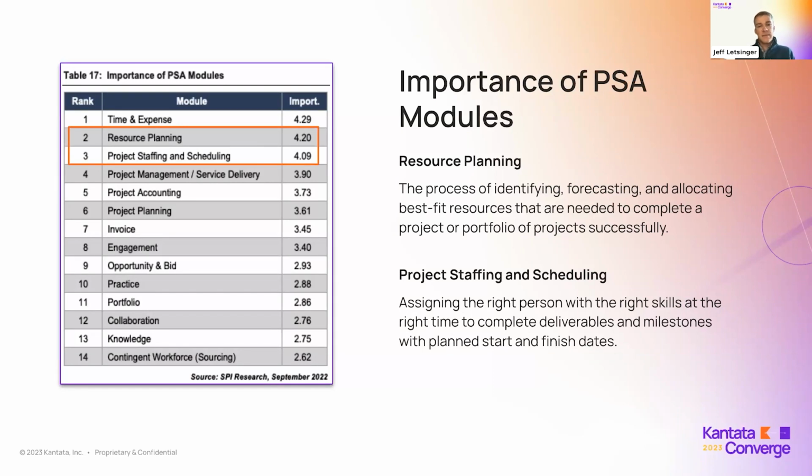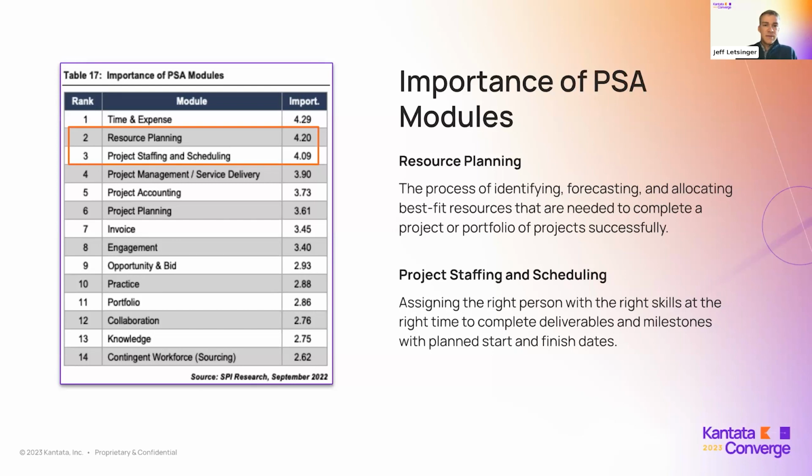I want to bring in some data from the SPI. That's a little bit more third party, some survey data, some benchmark data that they've done from their reports. And the first thing that you're seeing on this screen is, from their perspective, a survey that they've sent out to a couple hundred professional services organizations that asks the question, what's the most important PSA module when you're looking to implement a PSA?